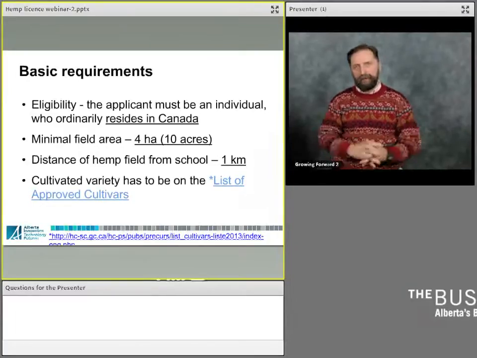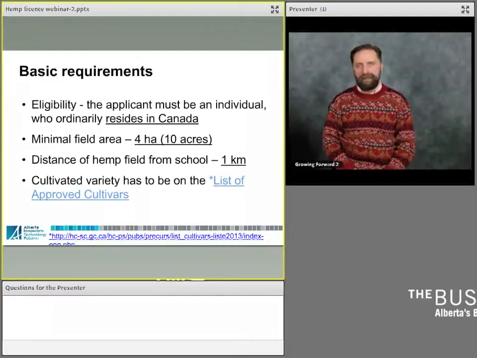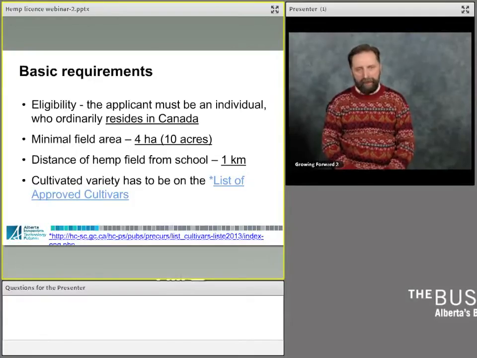We have entrepreneurs, farmers from the United States, particularly from those states bordering Canada, who want to grow industrial hemp in our country. As I mentioned, they cannot do it in the States. The eligible person for this license is a Canadian resident.